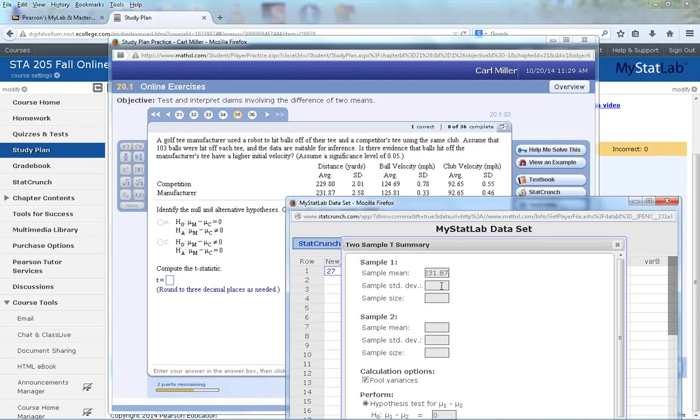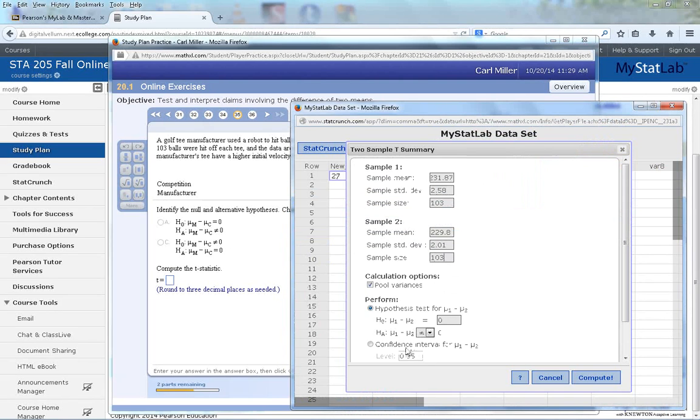The sample standard deviation is 2.58, and the sample size, remember they said, assume 103 balls were hit off each tee. And then in the second sample, I would have the 229.8, 2.01 for the standard deviation, and then 103 for the sample size.